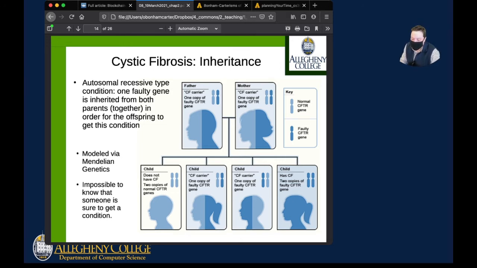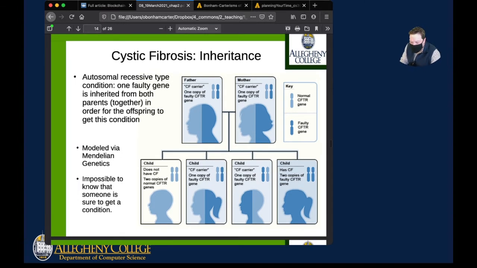Now, that's the mother and the father, so they are both carriers here, but when you look at their four children, statistically, one of the children is likely to receive both copies of the normal gene, so they are not a carrier of cystic fibrosis. In other words, each of the parents gives a copy of the working gene to the child, and so the child does not have cystic fibrosis. That happens a fourth of the time, in fact.